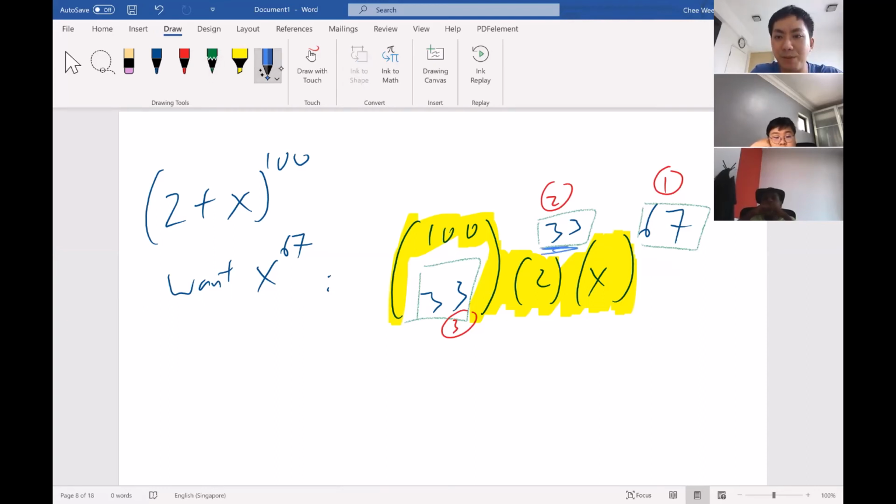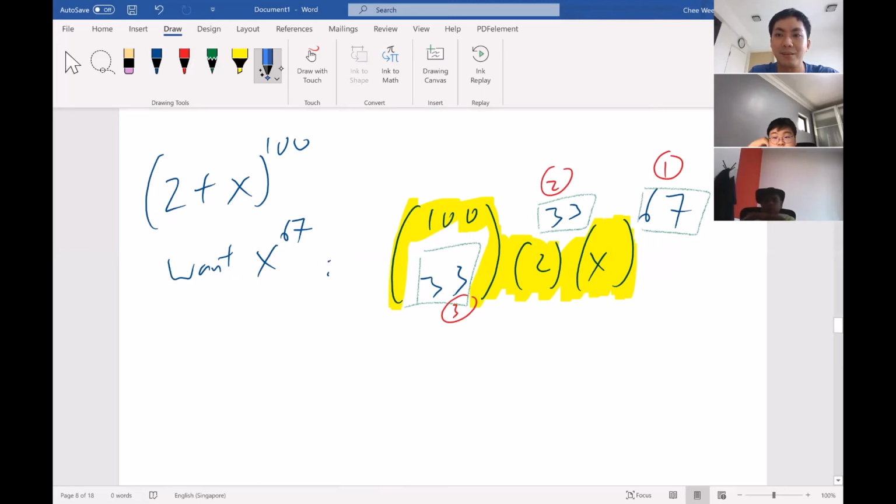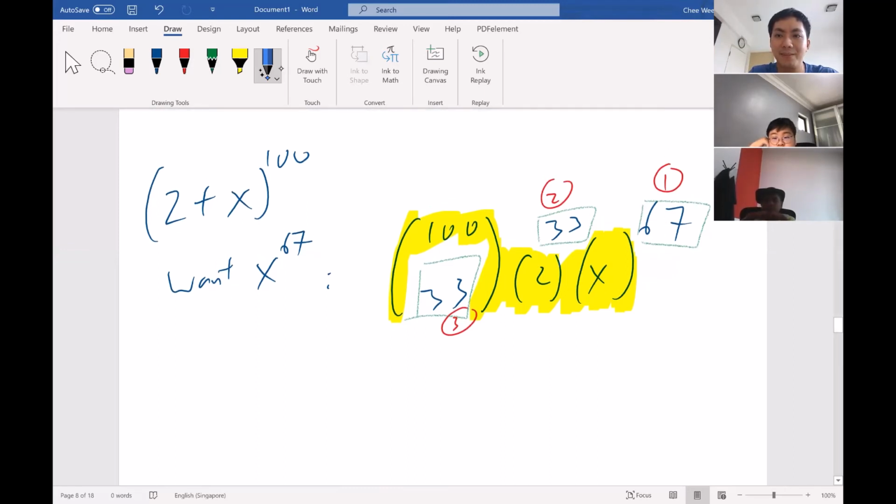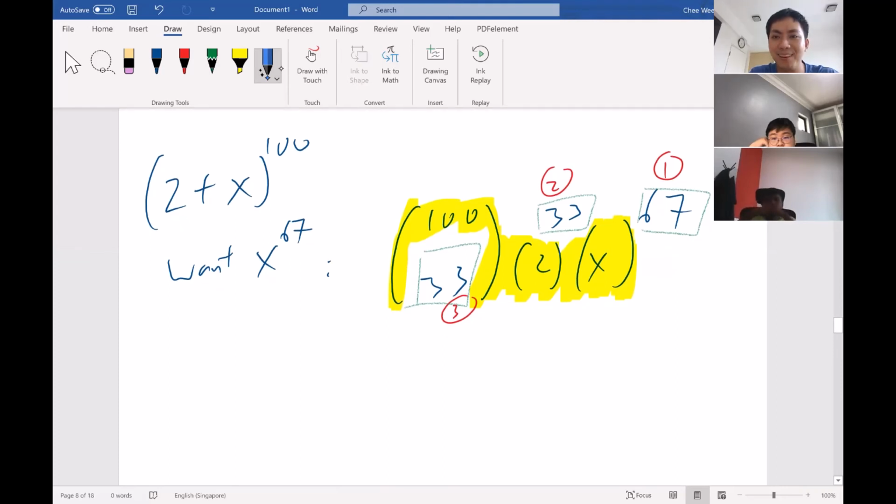Namely, these two numbers will sum to 100, and the number here will always follow either the powers of 2 or the powers of x in this expansion. Hence I can randomly plug in any item based on the power that I want right away, and that's the whole idea behind this. Any questions on this? Yes, no?